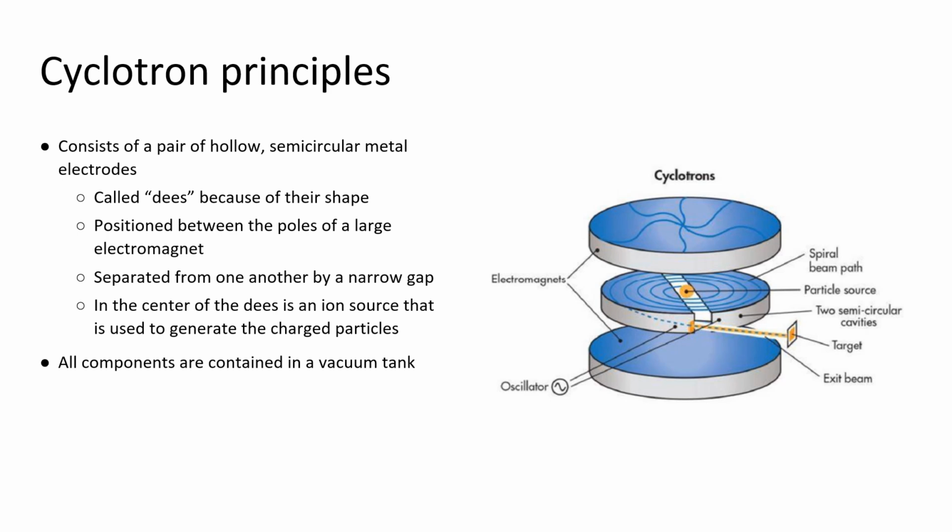Each time that it passes this narrow gap here, it increases in speed. And so it'll increase as it's spiraling, and then eventually it will be directed straight towards the target. At the target is where it bombards that nucleus and changes whatever is in this target to something that will decay by positron. The whole thing is located within a vacuum that helps to control that reaction that occurs.